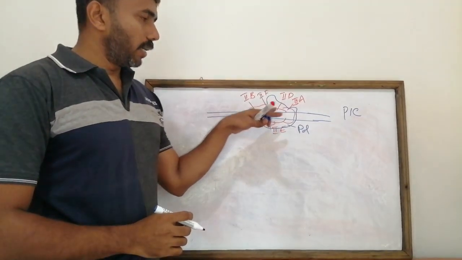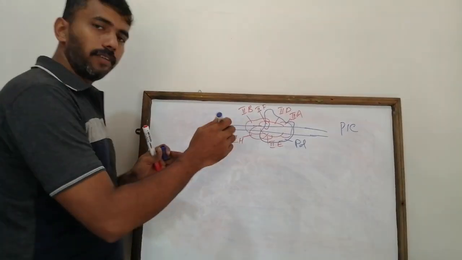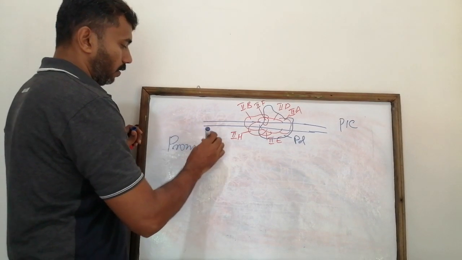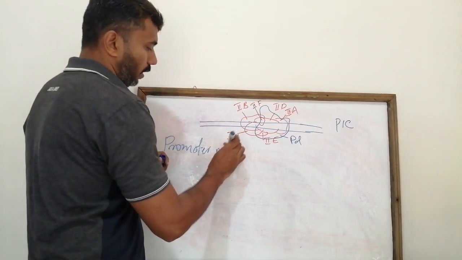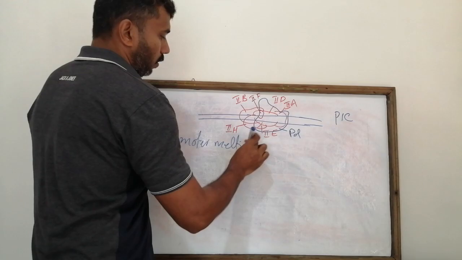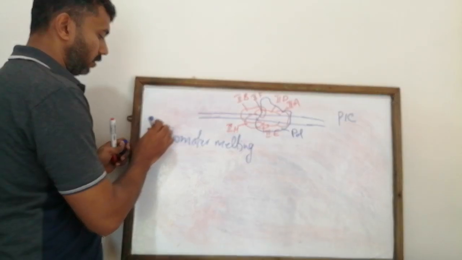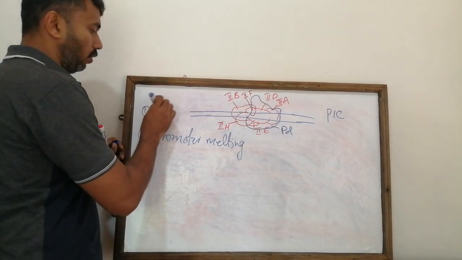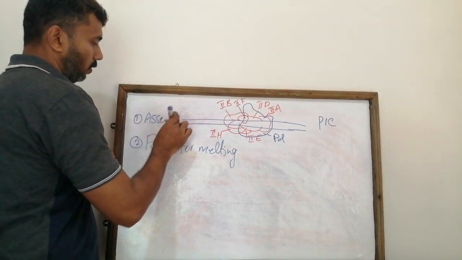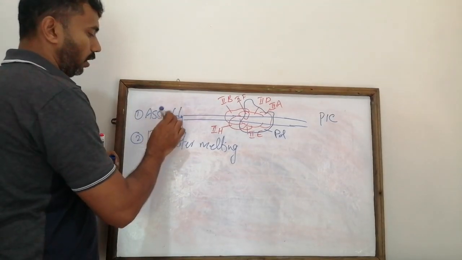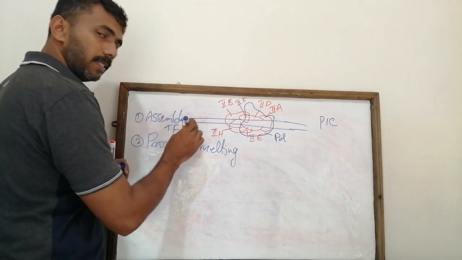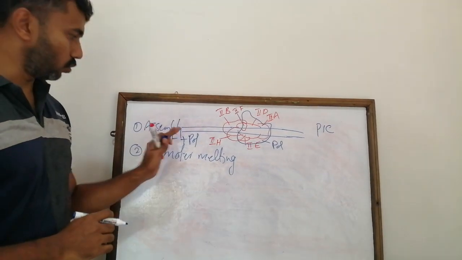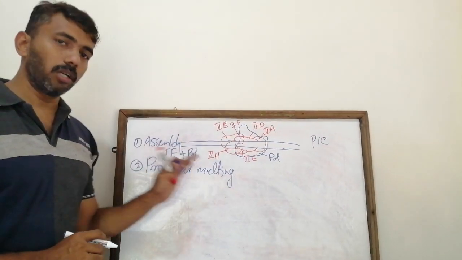Now it is moving into the next stage of initiation, what we call the promoter melting. You can say this is the second stage of initiation. The first stage was the assembly of transcription factors plus the polymerase enzyme, which we already discussed, to form the pre-initiation complex or the closed complex.